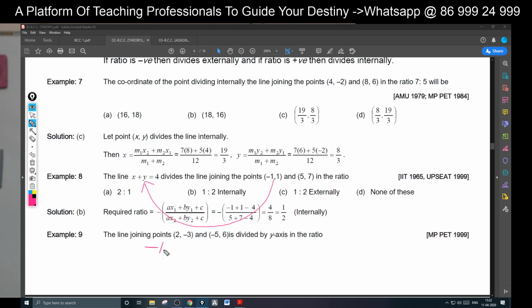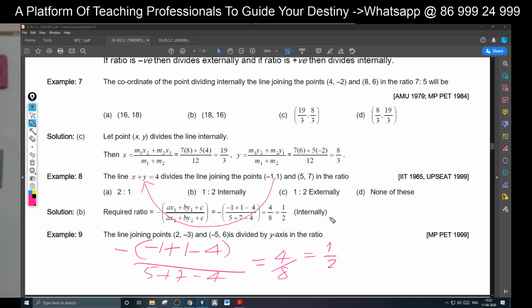Minus 1 plus 1 minus 4. In the formula, you have minus before it, divided by, substitute this point, 5 plus 7 minus 4. What is this? 4 by, this is 12 minus 4, 8. Answer is 1 by 2.